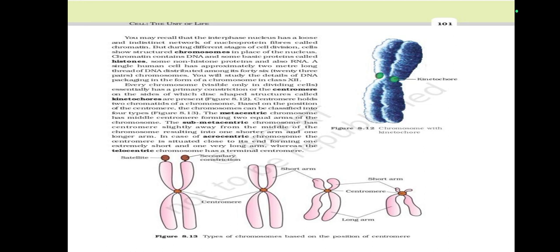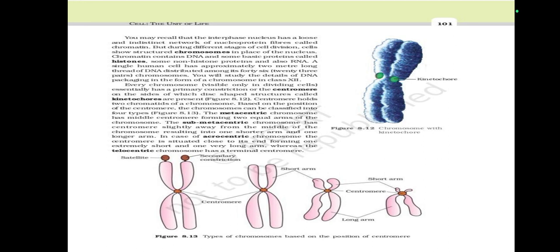Based on the position of the centromere, the chromosomes can be classified into four types. Figure 8.13. The metacentric chromosome has a middle centromere forming two equal arms of the chromosome.